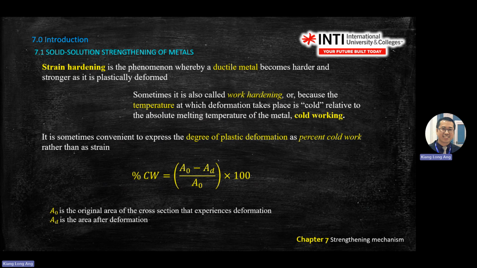So we calculate percentage of cold work by using the change of area to the area. If you cold work, it means you can pull, you can roll it, and so on. So this is the equation for that one.